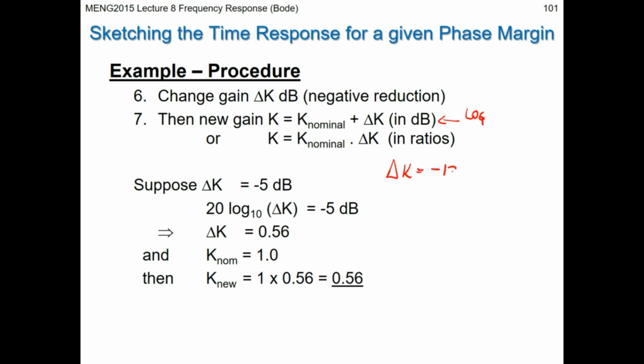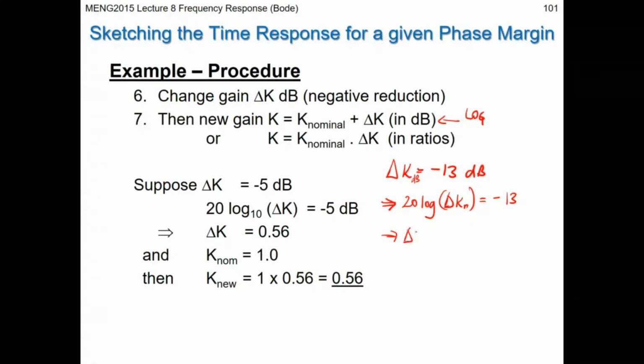If delta K is minus 13 dBs in this case, that means in ratio terms we have 20 log delta K. Let's subscript it ratio to distinguish it from the dBs, and subscript that one dB. So of course you have to raise this to the power of 10 and divide by 20.